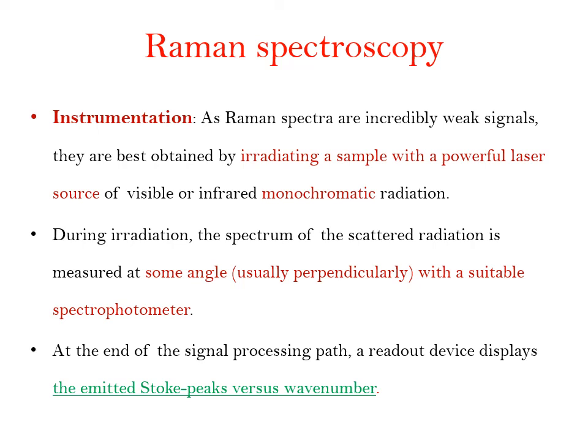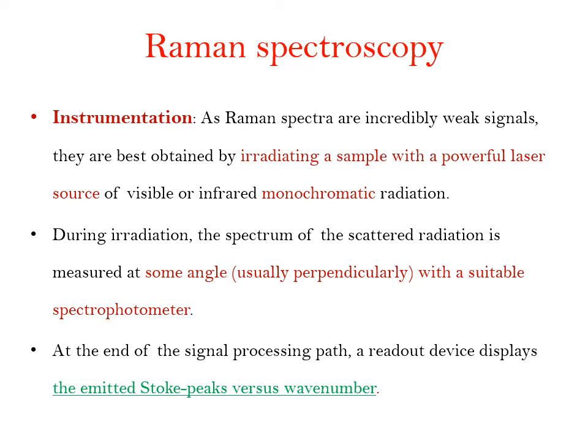Raman spectroscopy is the result of vibrational energy modes of molecules, and the signal detected is very weak. The signal is due to the vibration, not due to excitation or emission of molecules. It is due to the vibration of molecules. The vibration energy change will be measured in the case of Raman spectroscopy.